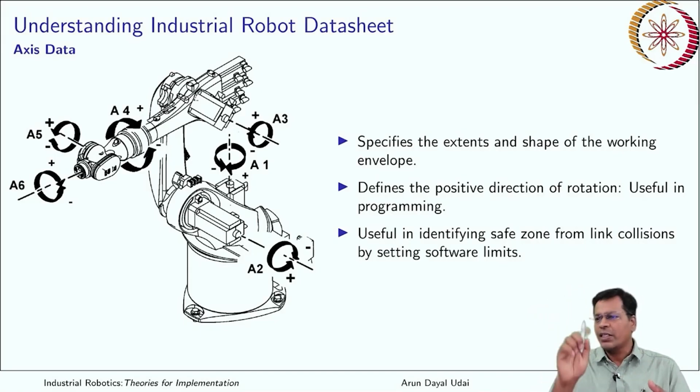So you can make sure, by putting software limits in the robot teach pendant or wherever the manufacturer allows, that you won't allow your robot to go beyond that, so that you can be very sure that even if I go haywire, my robot is pretty safe. It is not going to collide anywhere.